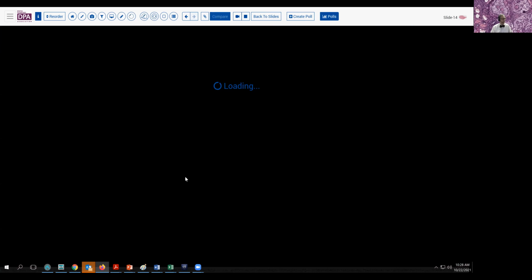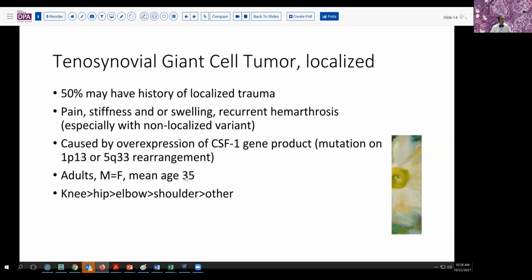So what's the pathophysiology for this lesion? Well, interestingly, up to 50% of patients do report some feature of trauma, although it's unlikely that this is specifically a traumatically induced lesion. There may be pain, stiffness, and swelling, along with recurrent hemarthrosis, especially in the non-localized variant. That's a characteristic feature, and this is a non-traumatic hemarthrosis.